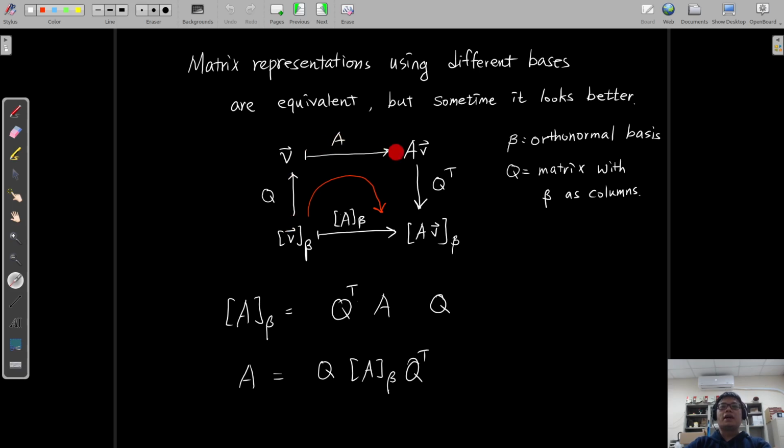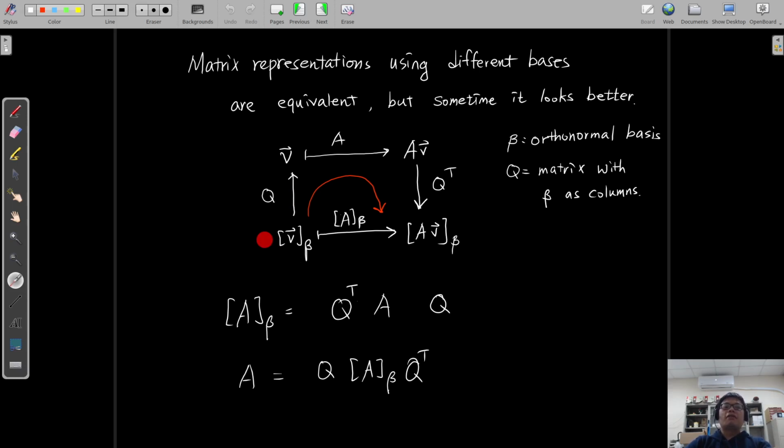We can use this diagram to achieve this. Let's say we have a matrix Q, whose columns are the vectors in beta. We know how to transform between a vector and its vector representation.